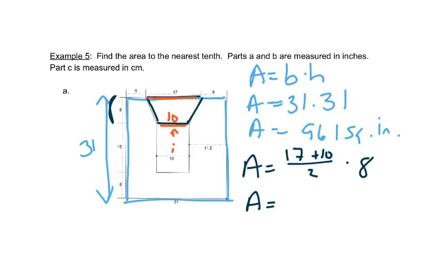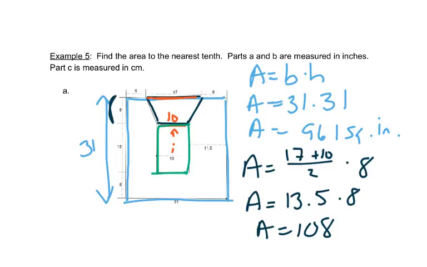So 17 plus 10 is 27, and then we would divide by 2, which is 13.5 times 8, and that gives us 108.